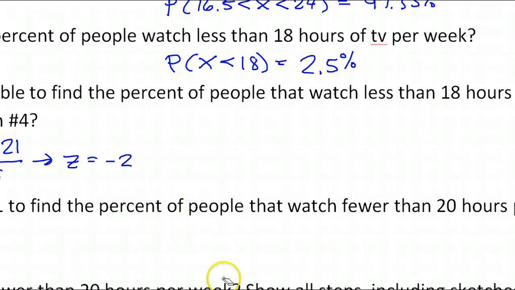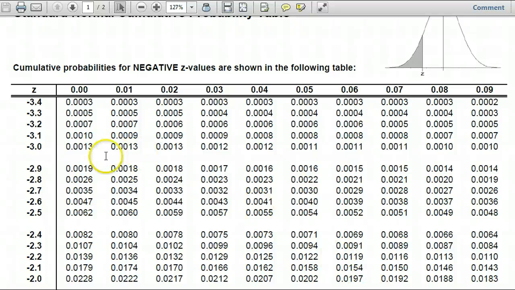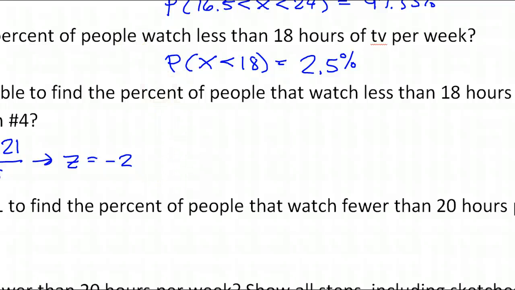Using a z-score to find a percentage means you go to the table, find your z-score, and then find your percentage. With a z-score of -2, we are looking at this percentage right here: 0.0228.